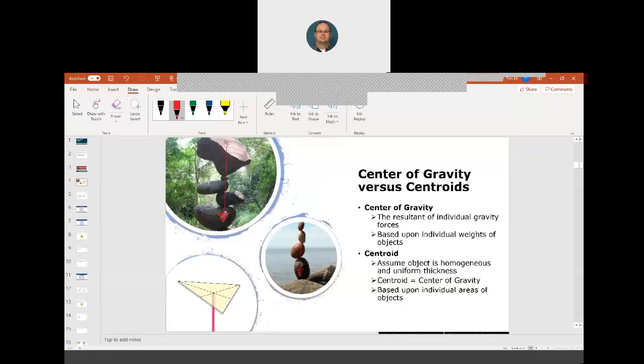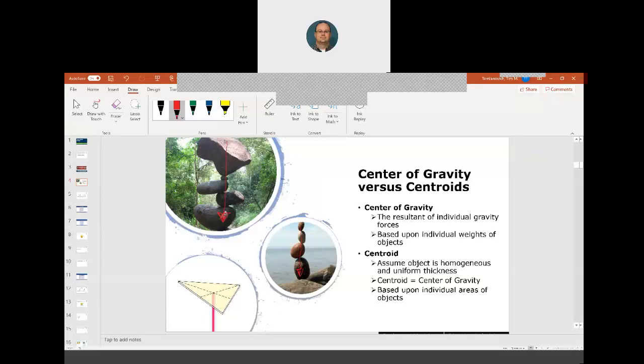A centroid, so what we do in a centroid is we assume an object is homogeneous and in uniform thickness. Typically in construction, building materials, that is the case. A wood 2x4, we can assume that material is homogeneous and the thickness is the same, which is typically the case. Same with steel, concrete.